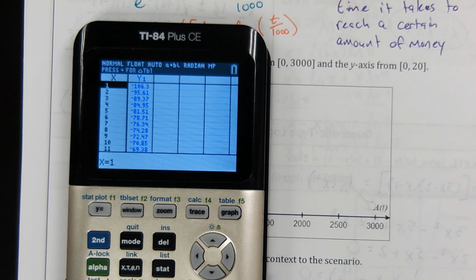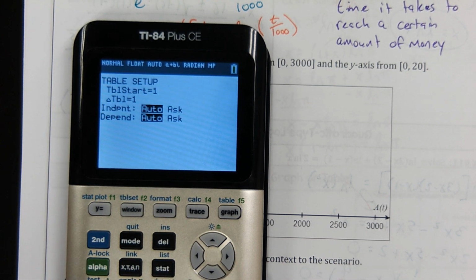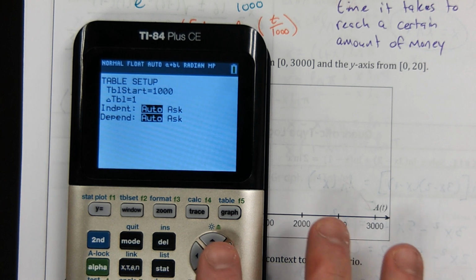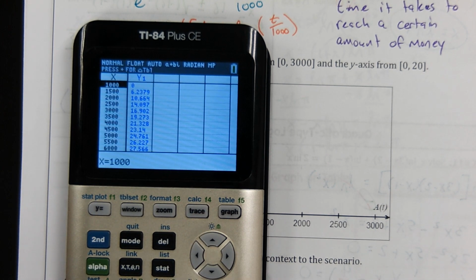My table isn't pretty. Second table set. Begin at 1,000 and count by 500s, just like the scale of our graph. All right.